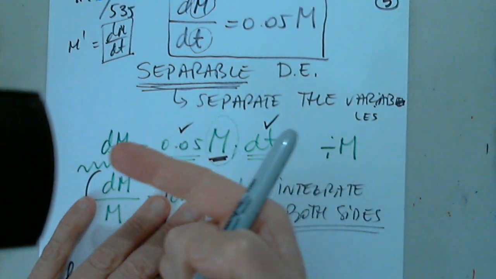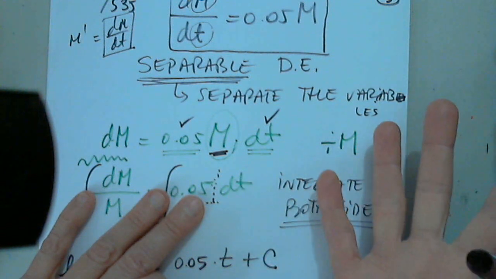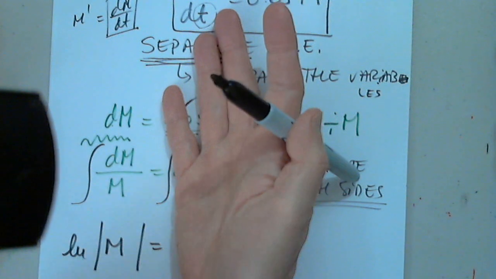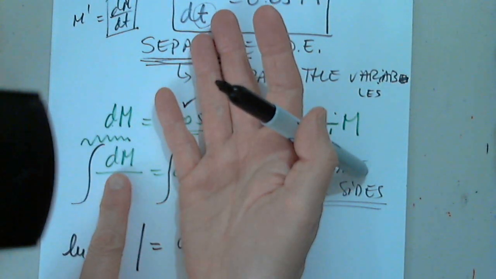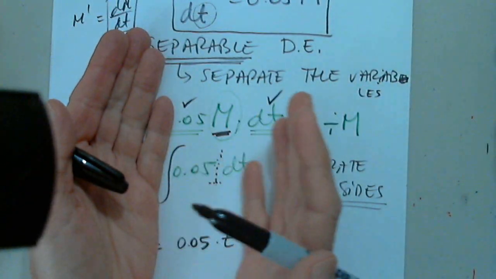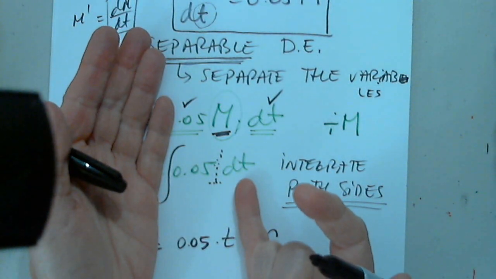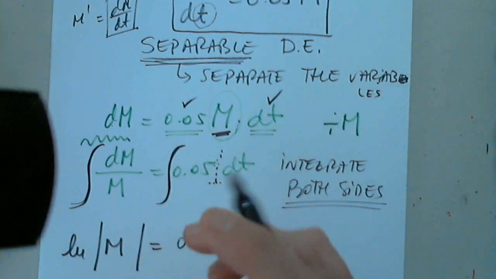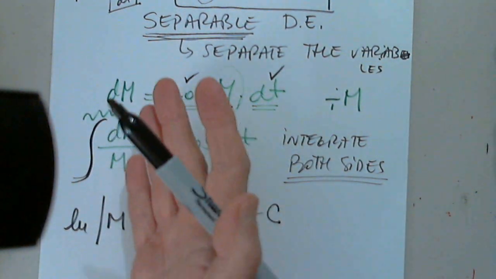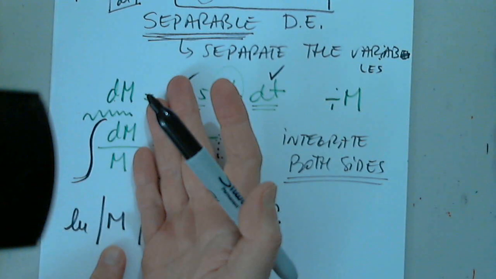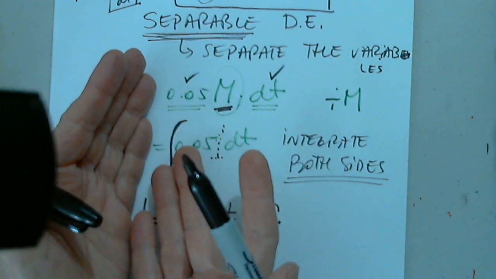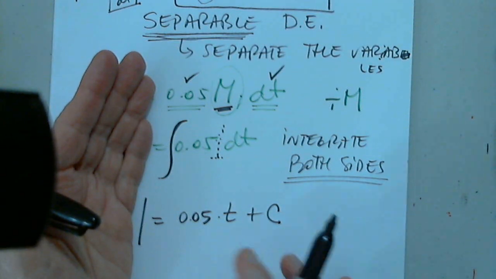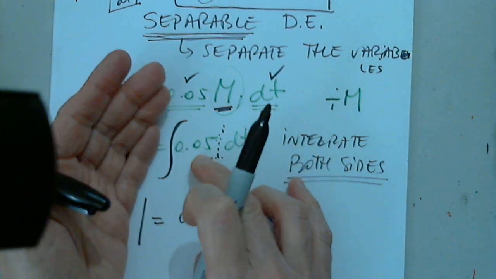This has to be somehow connected to the other side. And perfectly you said, divide both sides by m. Fine, I did. Now, m is alone on one side with its dm, and t is alone on one side with its dt. We are allowed to integrate both sides, and we did. The left-hand side is natural log of the absolute value of m. When we calculate this indefinite integral, we get 0.05t plus a constant c. If you differentiate, you get that.